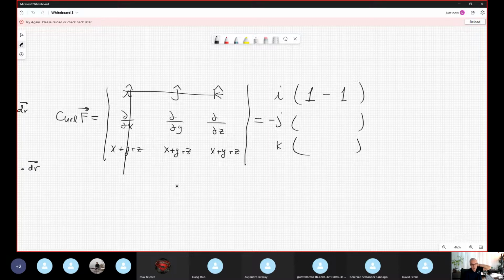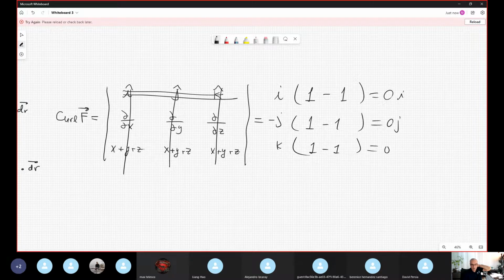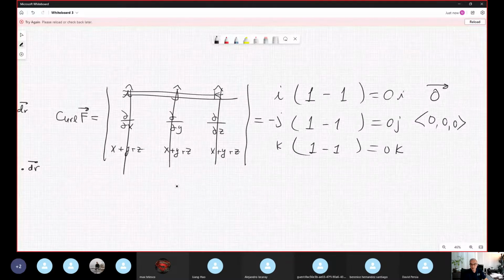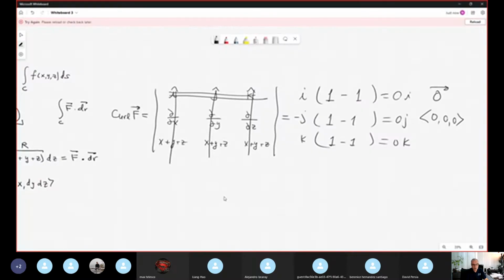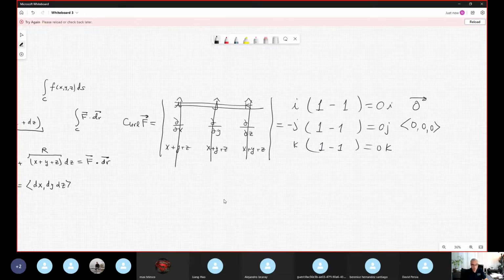Similar situation happens in the rest: the partial derivative with respect to x is 1 minus 1, and finally the partial derivative with respect to x is 1 minus 1. Again, it is 0 component i, 0 component j, and 0 component k. The vector is 0, 0, 0. The curl is not equal to 0, it's the null vector. It's conservative, and we are ready to find the potential function.